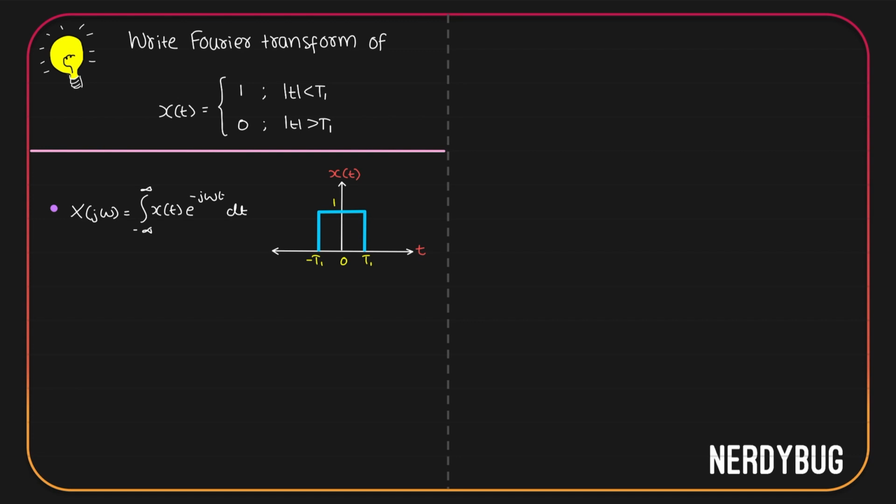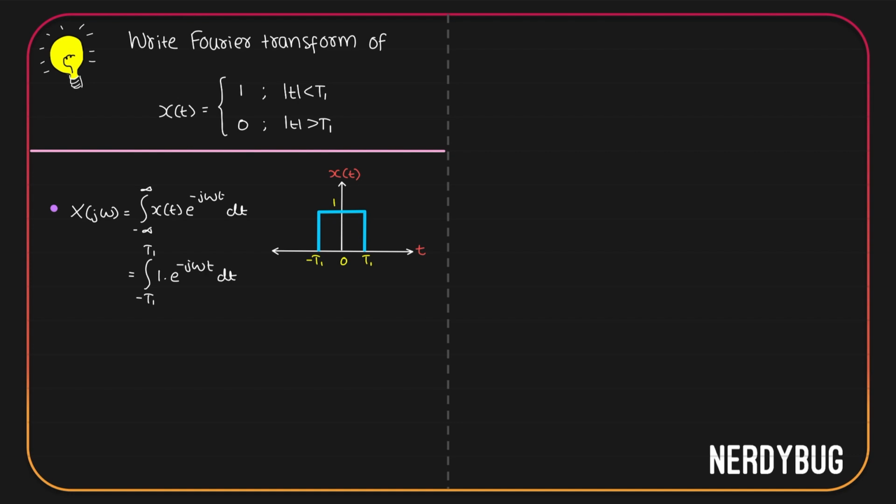But here x of t is 0 for every value of t that is not between minus t1 and t1. So we don't really have to integrate from minus infinity to infinity. We can just integrate from minus t1 to t1. So this becomes integral from minus t1 to t1. Between minus t1 and t1, value of x of t is 1. So we can just put 1 there. E raised to minus j omega t dt.